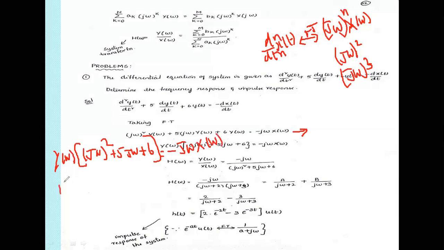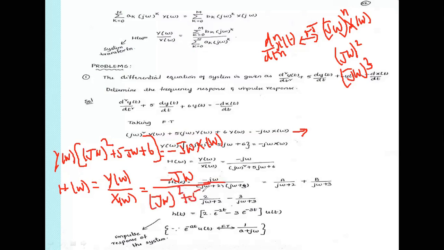To get the frequency response, H of omega is equal to the ratio of the output Y of omega by the input X of omega. What is the coefficient of X of omega? Minus j omega. What is the coefficient of Y of omega? (j omega) squared plus 5j omega plus 6.